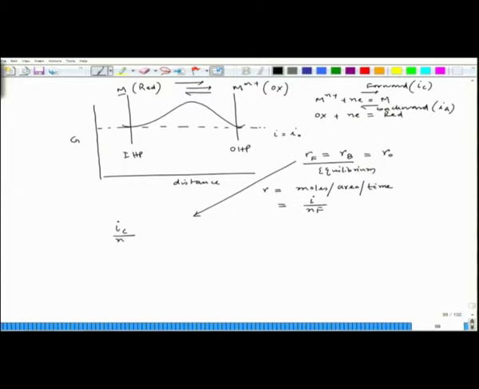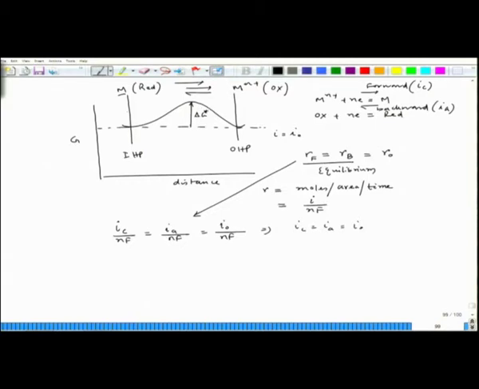Ic divided by nF equals Ia divided by nF equals I0 by nF. So, it turns out Ic equals Ia equals I0. That means the rate at which the forward reaction happens, the similar rate the backward reaction also happens.